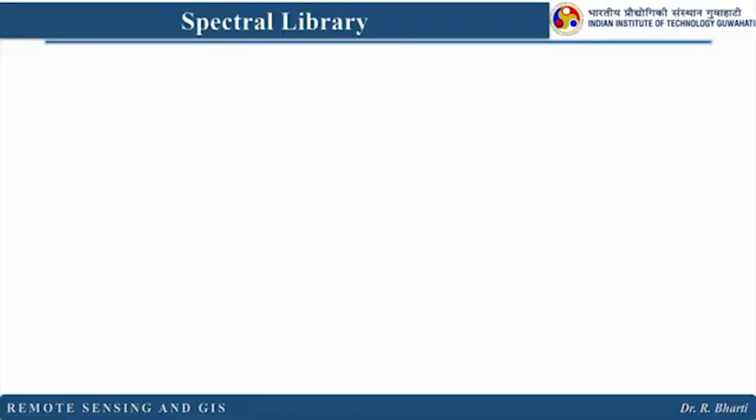I will explain how to access them, what they are, how they have been developed, and which are freely available to you. So, let us see more about this spectral library.